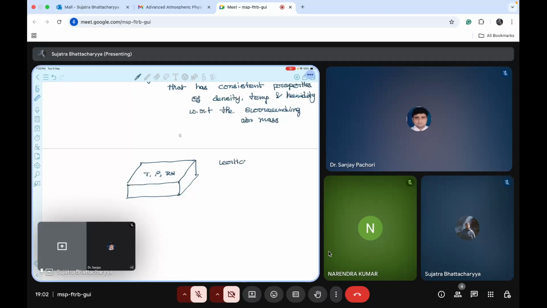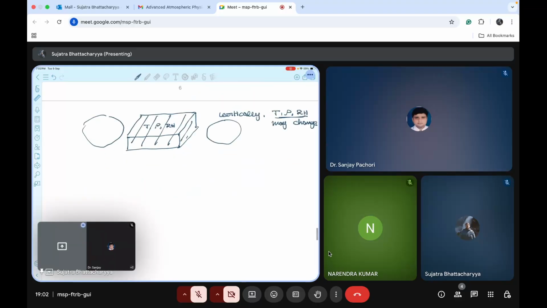Vertically, temperature, rho, relative humidity may change. But on an average, over this particular air mass, these three variables are generally constant compared to the surrounding air mass, like here. Okay, this is what we define an air mass as.